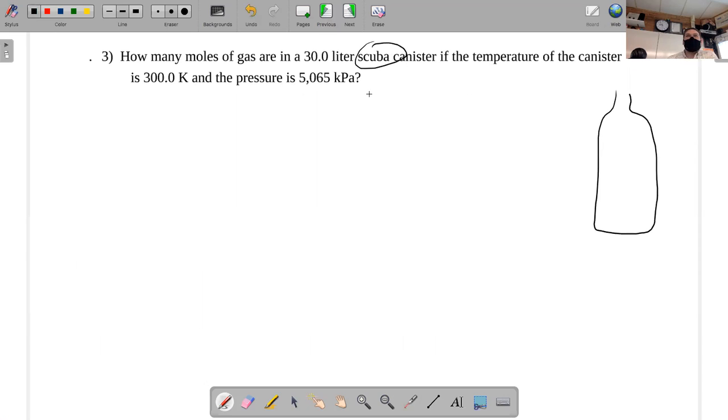Scuba is an acronym. You know what it stands for? Can you guess some of the words? The U is related to submerged. Underwater, yep.